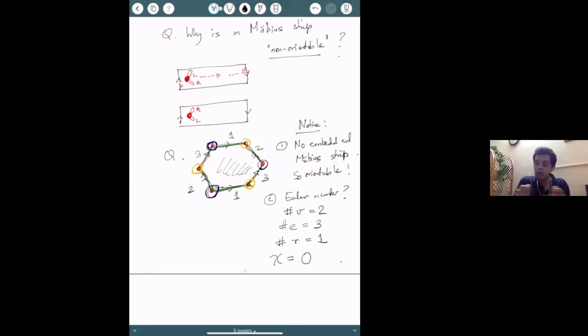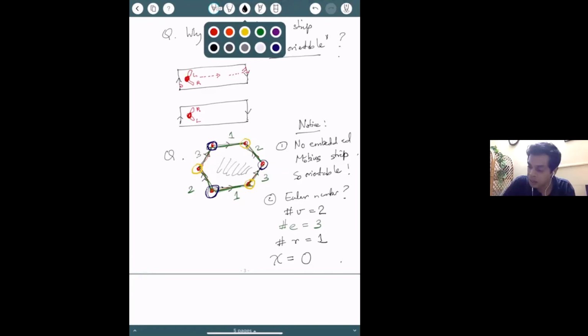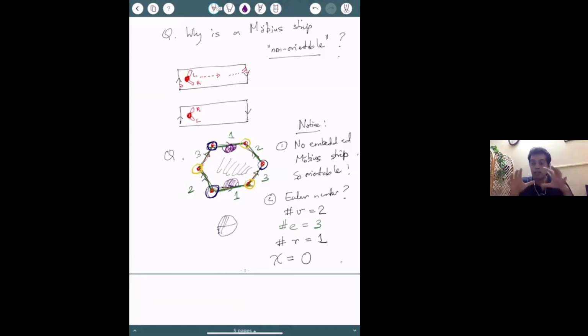So if this edge and this side get identified, and you're an ant sitting on an edge, facing the right of this screen, then on one side of you, you will see this half disk. On the other side of you, you will see this half disk, and these 2 half disks glued together give you a full disk. So that's the definition of a surface. Locally, around you, you think that you are on the plane. Okay, so this is a definition of a surface.